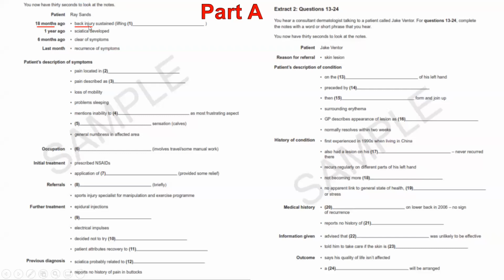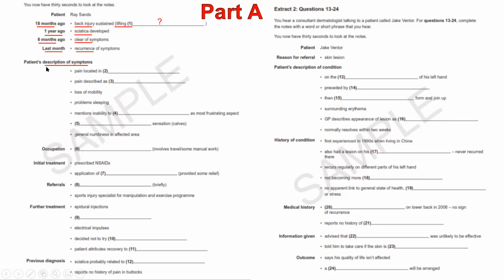Here we have back injury sustained, could be caused by something, lifting something. So lifting, noun. Then briefly underline these main items and important words just to follow the record. They will help you to follow the record.